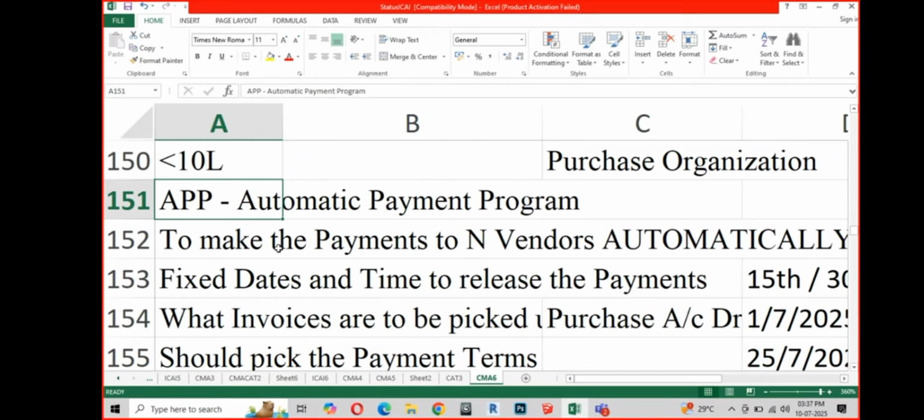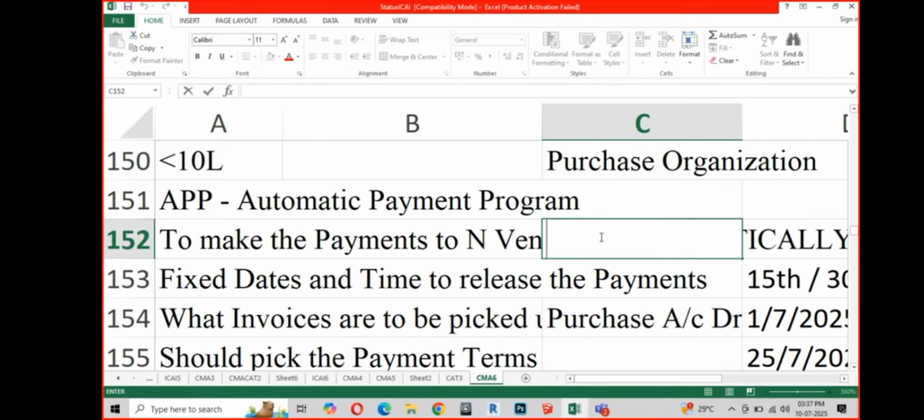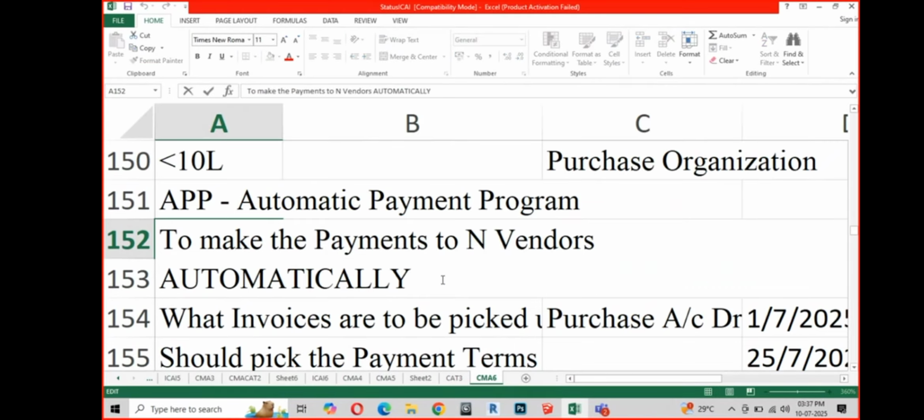As I have said, it makes the payments to n number of vendors automatically. This is very important. Just imagine the effort if you have to release the payment to 500 vendors.